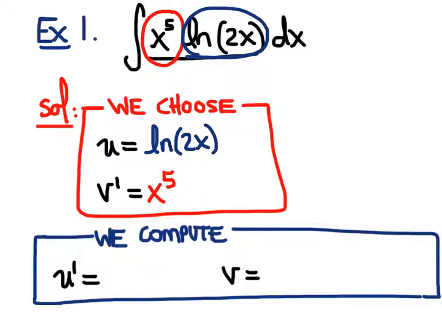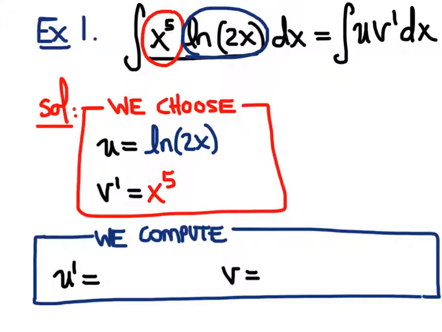So we see that if we make these substitutions, we've gotten our integral into the form u times v prime, all with respect to x, which remember was on the left side of the equation that we start with for integration by parts.